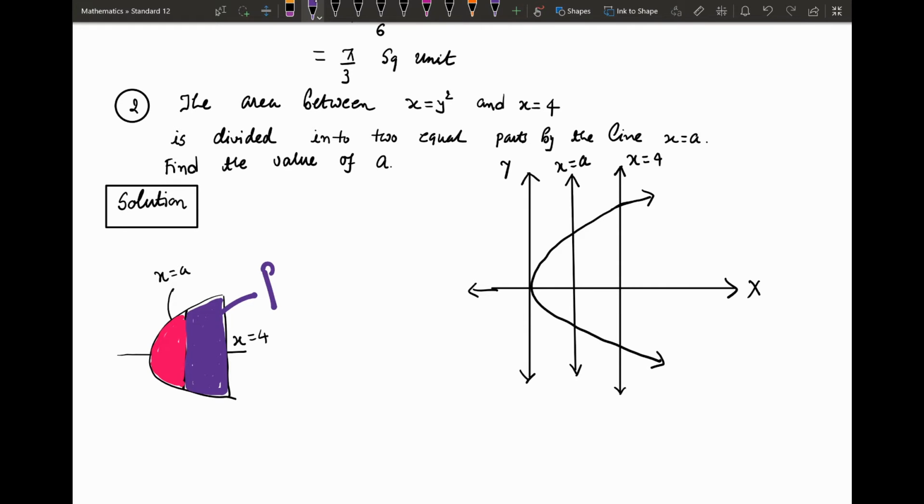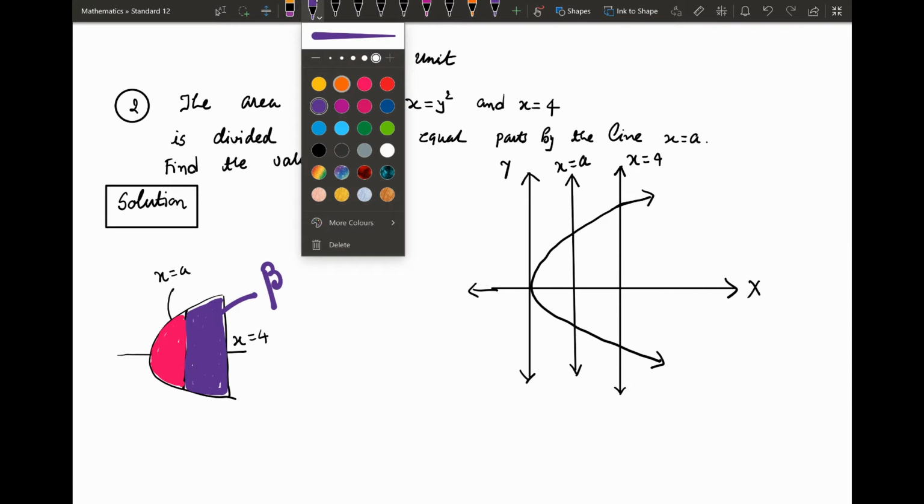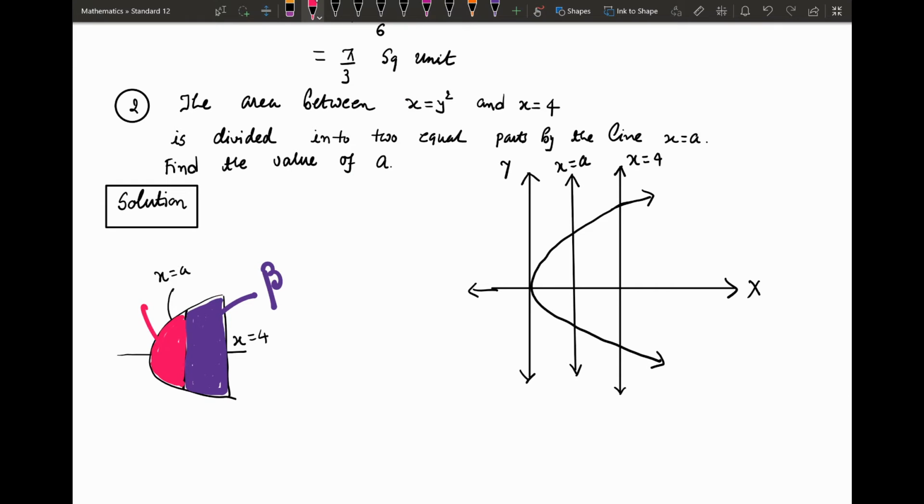This is beta, this is alpha, alpha equal to beta, then we have to find the value of a.